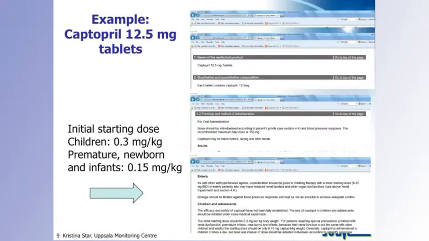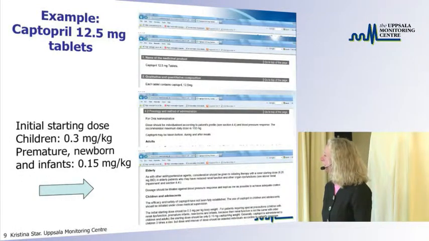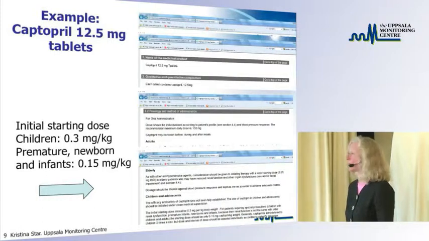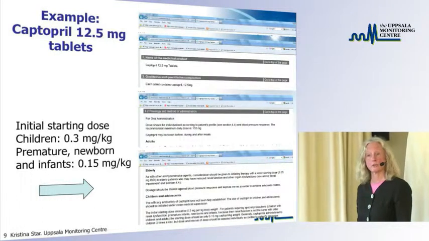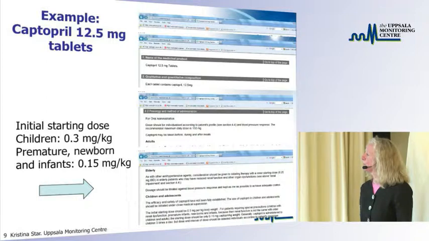It says that for children, the efficacy and safety of captopril have not fully been established, but there are actually dose recommendations. So the initial starting dose is 0.3 milligram per kilogram, premature even less.